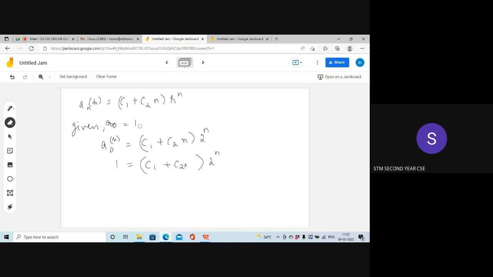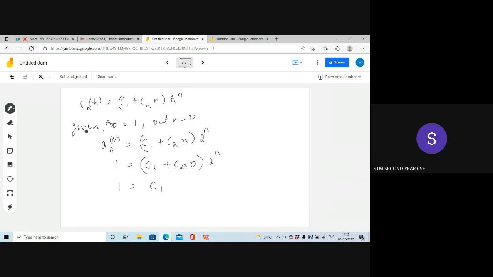And you put n is equal to 0, we get A0. So C2 into 0, the term becomes 0 and you get 1 is equal to C1.